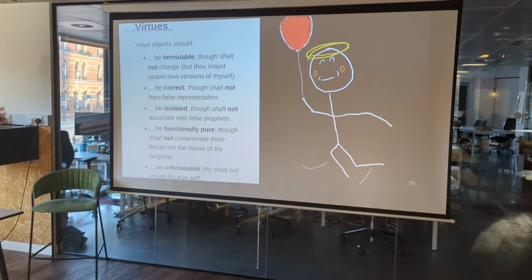Nowhere in your code should the developer using your value object know how it's represented internally. And this makes it very easy to refactor. You can completely change the internal representation of your color, of your IP address, or whatever it is, and nothing else has to change, right? So you've isolated the internal value.